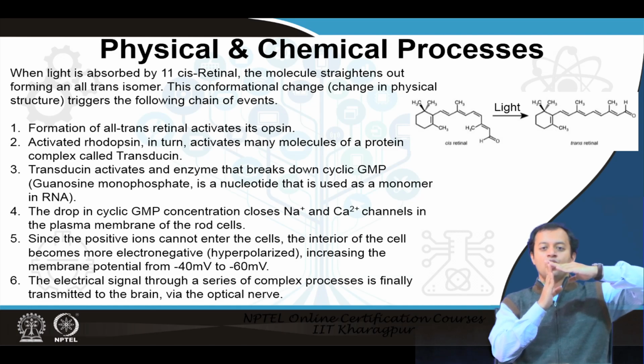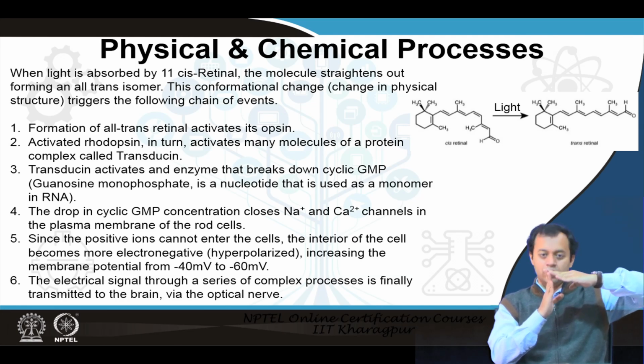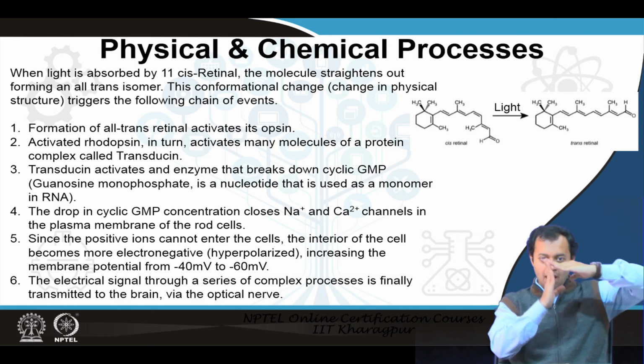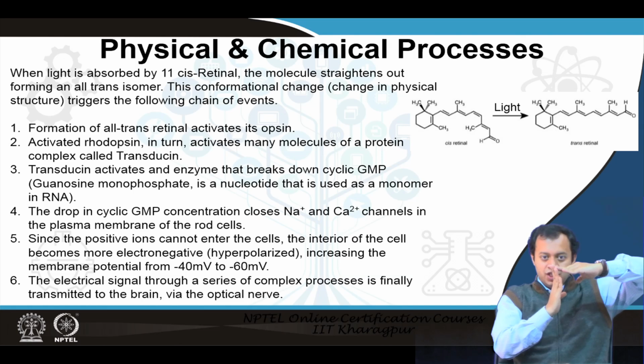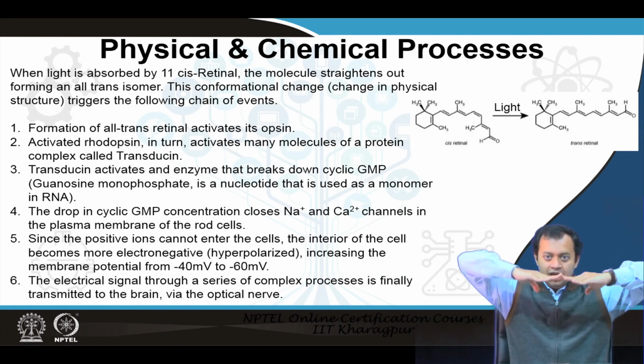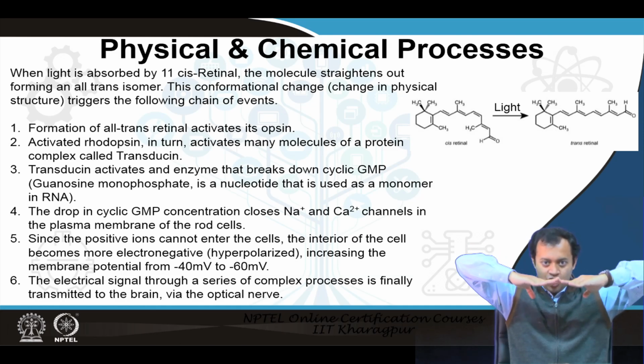Upon absorption of light, there is a change in the shape of the retinal molecule. From being cis, it has become trans. So upon absorption of light it becomes straight. Previously, with no light, the molecule is this; when light hits it, the shape of retinal is changing.